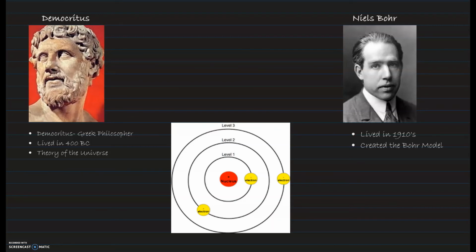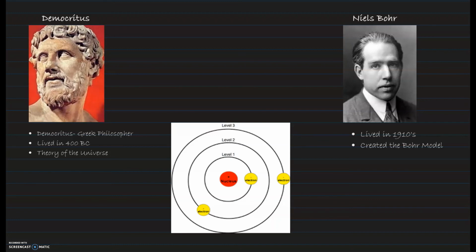So, for example, Niels Bohr lived in the 1900s, the 1910s, and he created the Bohr model. The Bohr model exhibits many great qualities of the nucleus and the structure of an atom. It's a very basic, simplistic way to view it, but it's a lot improved from what it had been in the past. He deduced that the electrons orbited the nucleus.